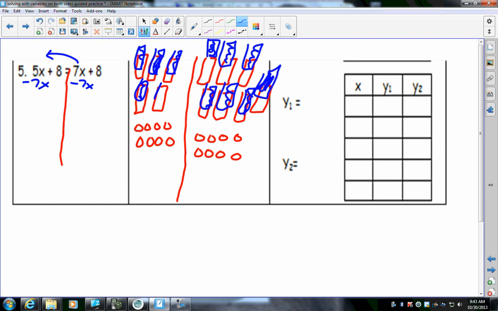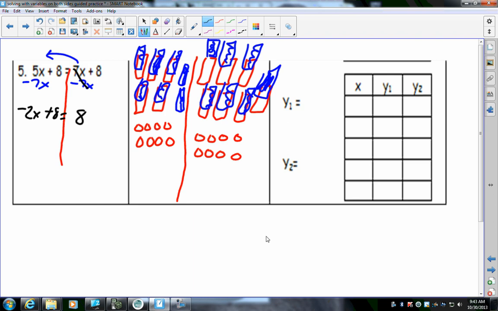What is that? 4, 5, 6, 7. Okay, so 5 minus 7 is -2x plus 8 equals, the 7's cancel, and I have 8.